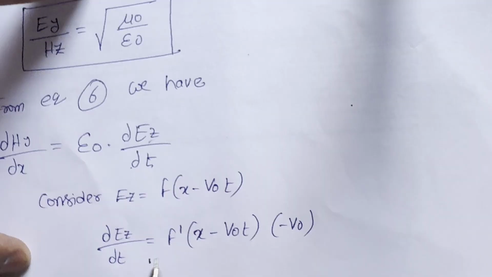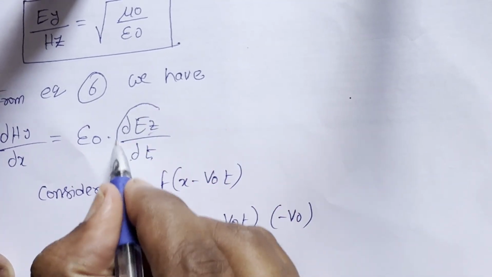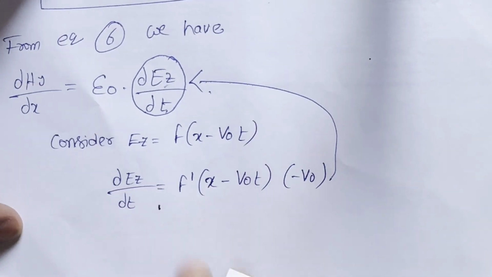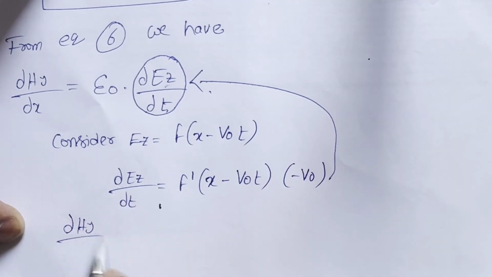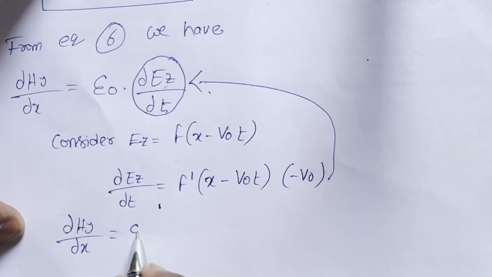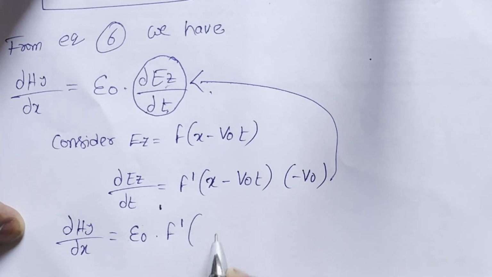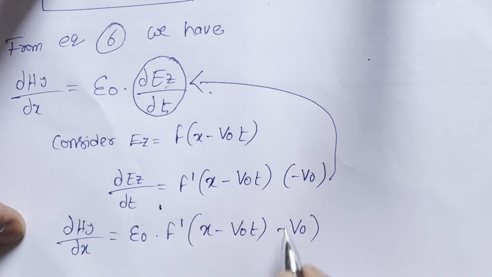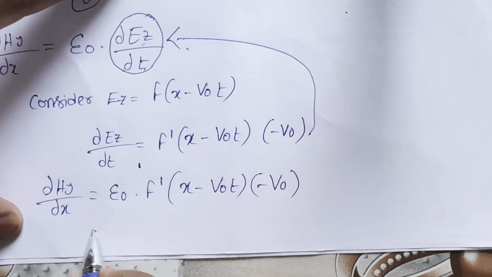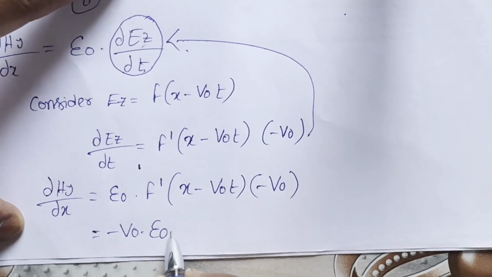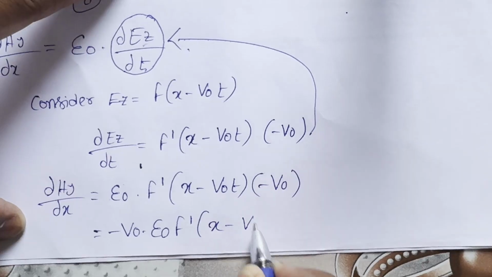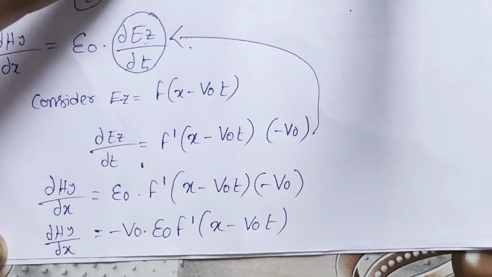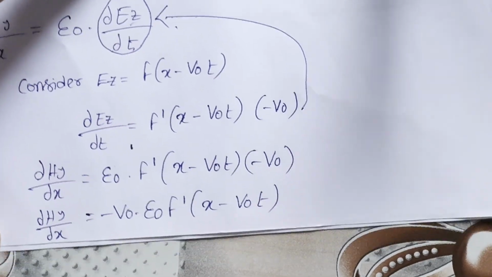Now substitute this value here. Then ∂Hy/∂x equals ε₀ into f'(x - v₀t) into -v₀. With this we get -v₀ε₀ f'(x - v₀t), that is ∂Hy/∂x.